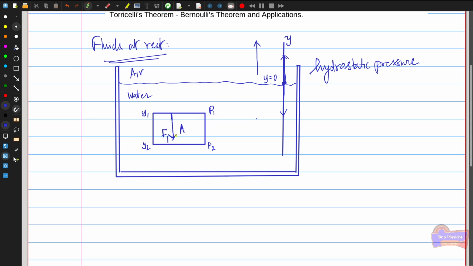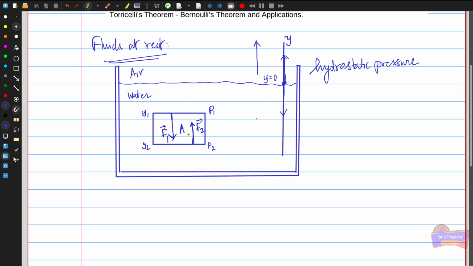taken as F1. The second force acts on the bottom face, due to the water just below this water layer, so there is an upward force, taken as F2.